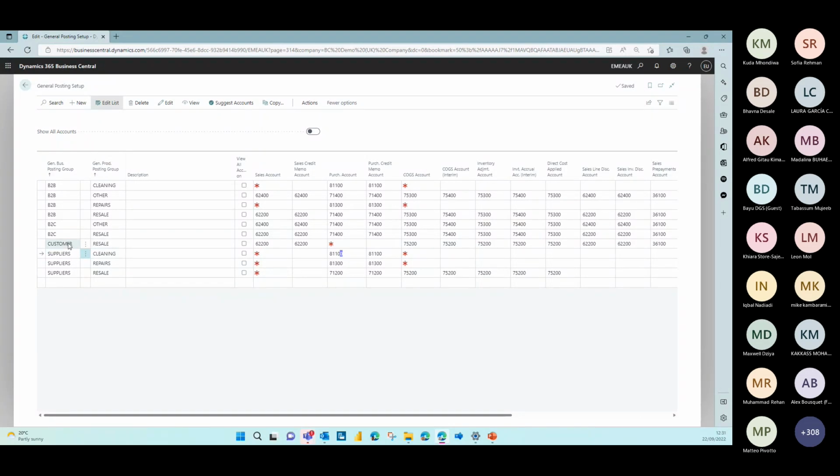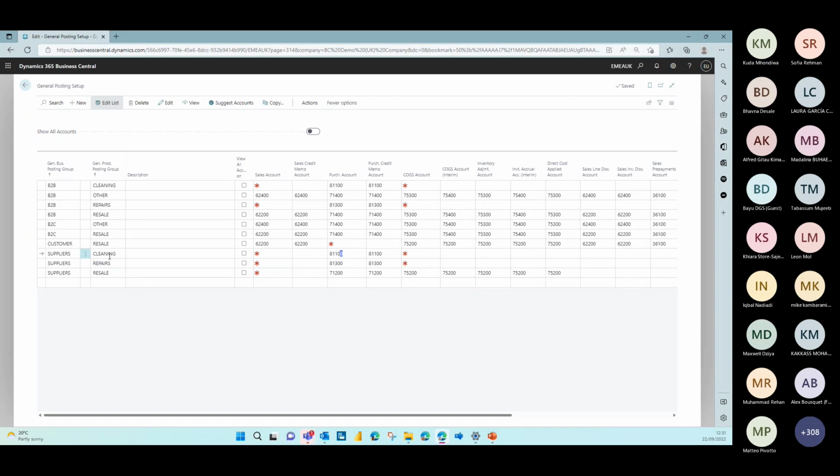And as you can see, for the customers, I'll only fill in the sales side. So I've done these to showcase how you could set up certain things.